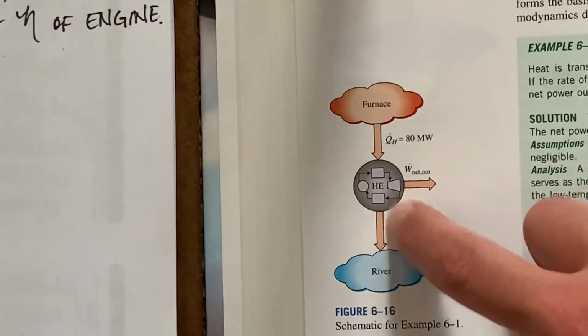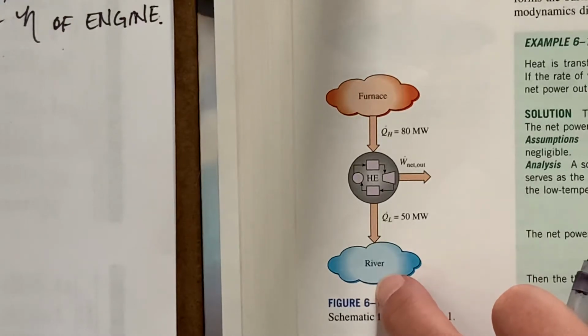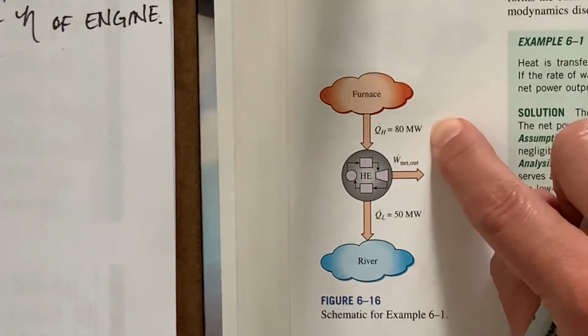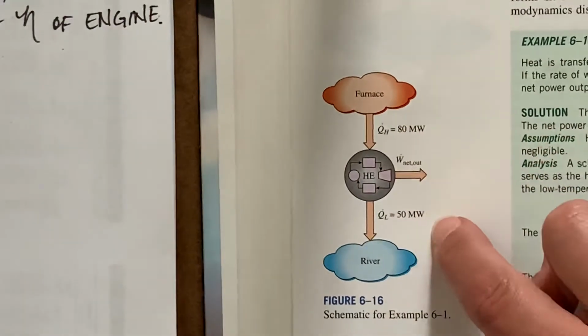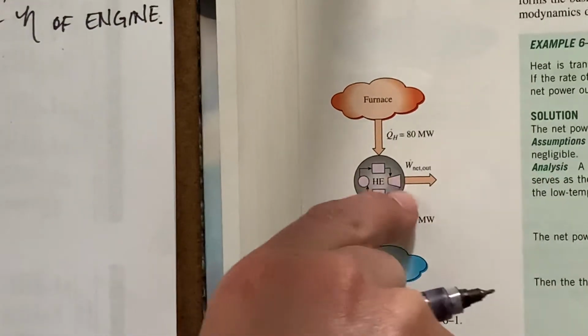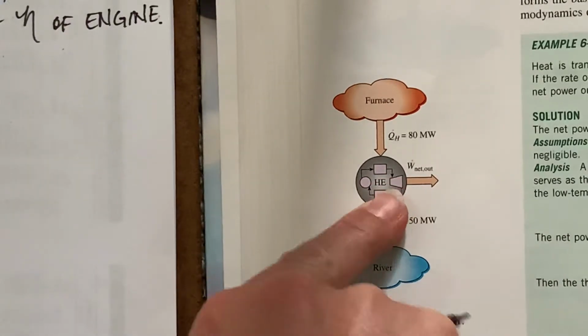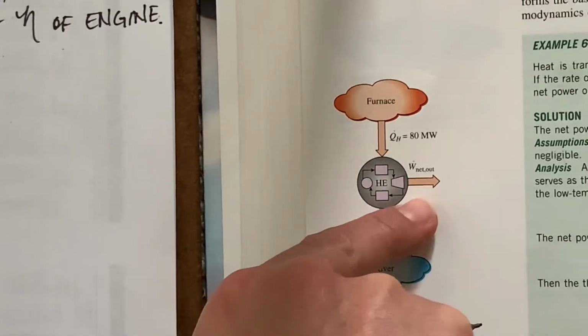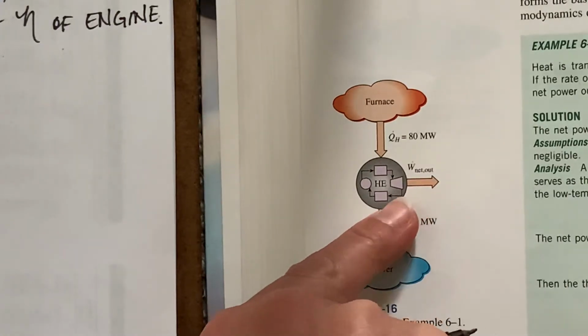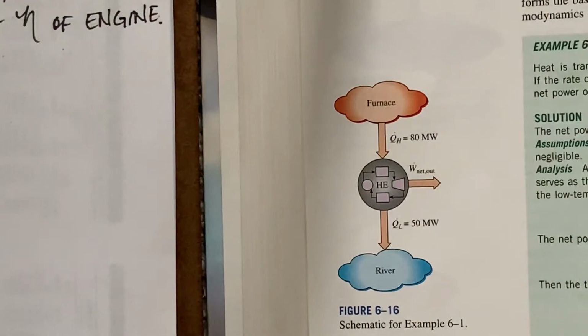And this condenser is discharging to a river as its low temperature sink. So we have 80 megawatts of heat coming in, 50 megawatts of heat coming out. And we are doing a certain amount of work with this turbine shaft, and we want to determine this work per time and the thermal efficiency of this engine overall.